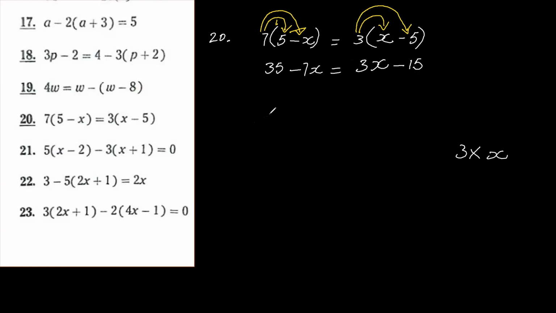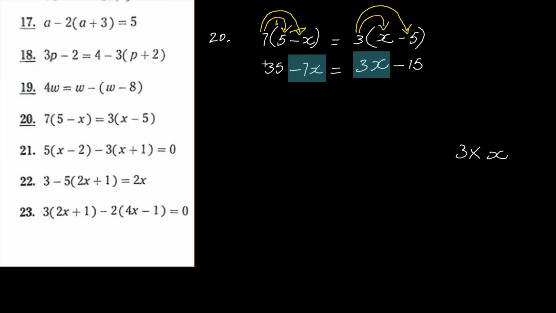All right, so we want to put all the x's on one side, and we're going to put all the numbers on the other side. The x's are here. We have -7x and we have 3x. We're going to keep them on the left side.